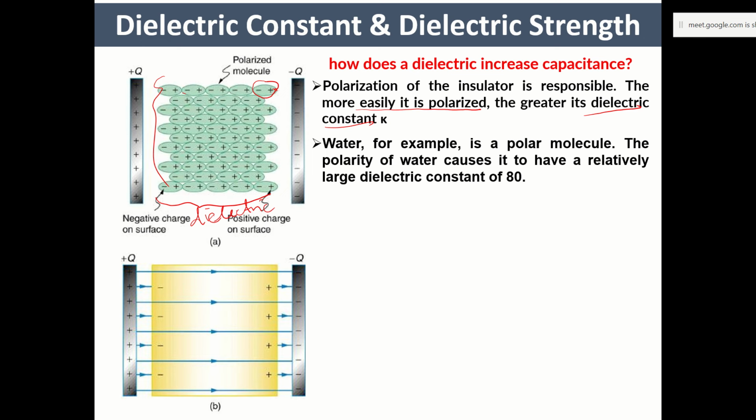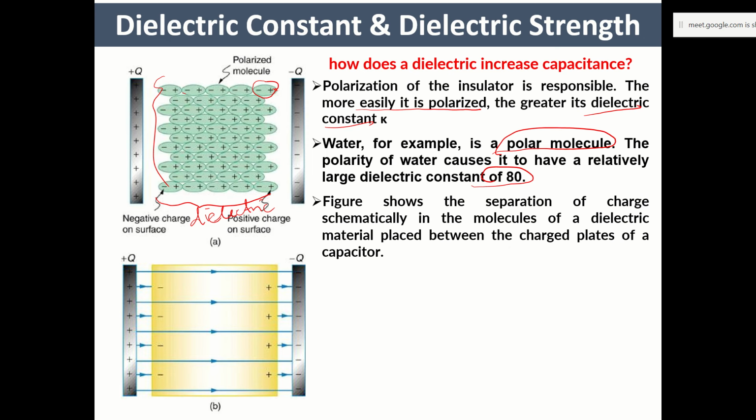So for example, if you have water, it has a dielectric constant of 50. It already has some polarity. The bonds are polar, you know that. It has a net dipole moment, that also we know. And so having a polar molecule will be good for this kind of thing.